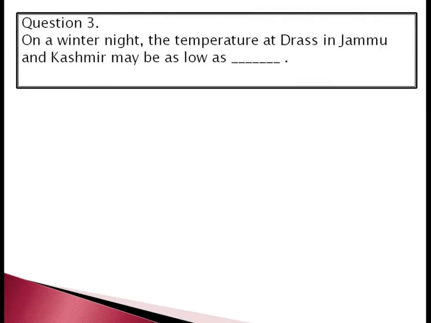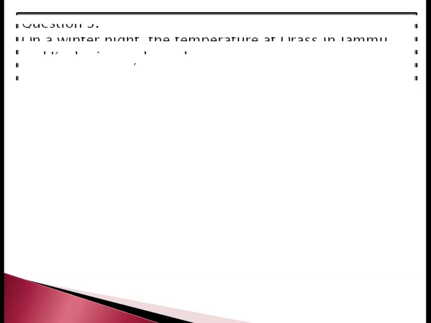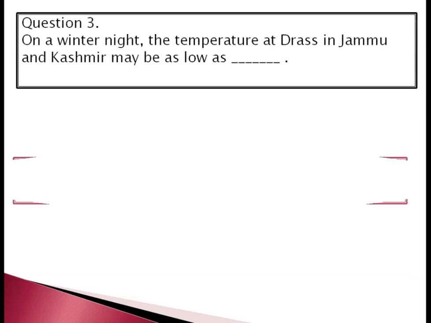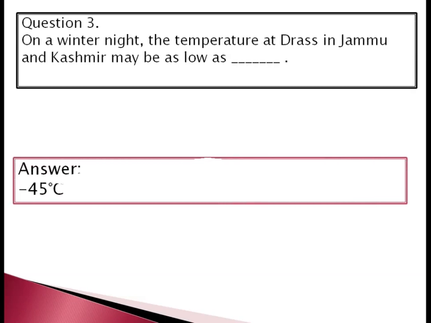Question number 3. On a winter night, the temperature of Dras in Jammu and Kashmir may be as low as. The answer is minus 45 degrees Celsius. Minus 45 degrees Celsius, remember that.